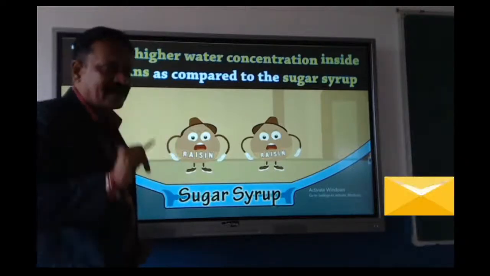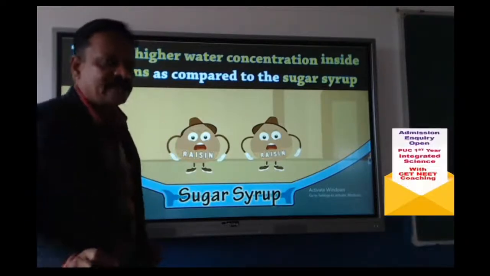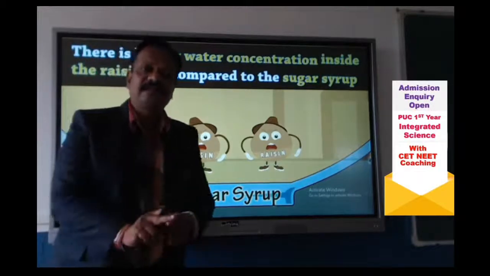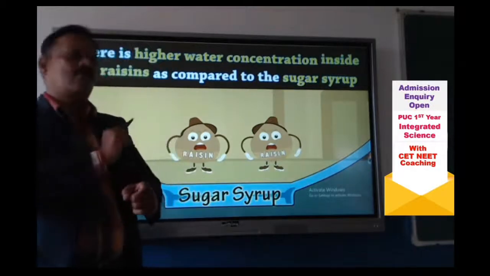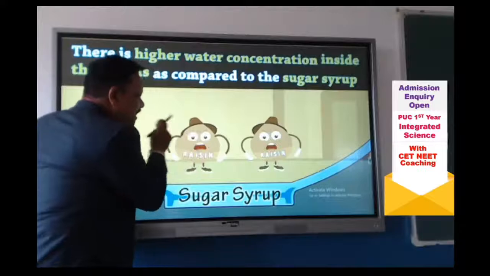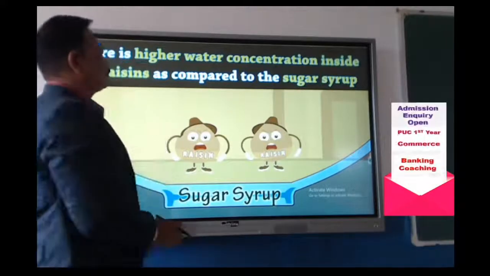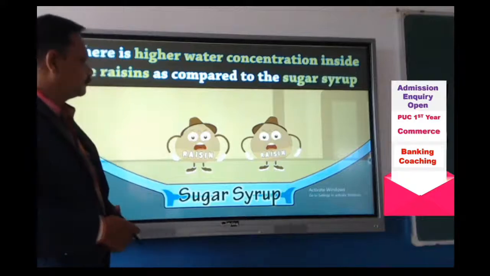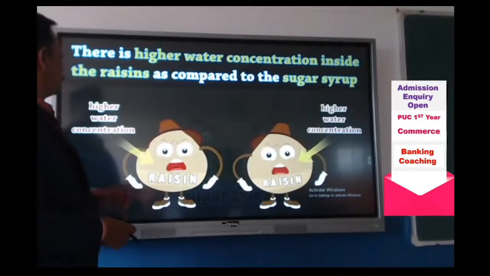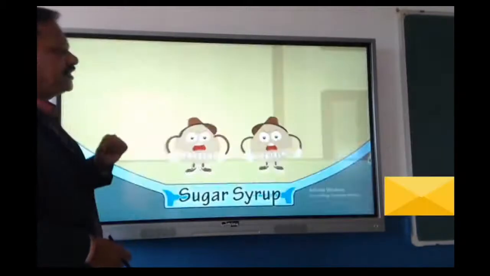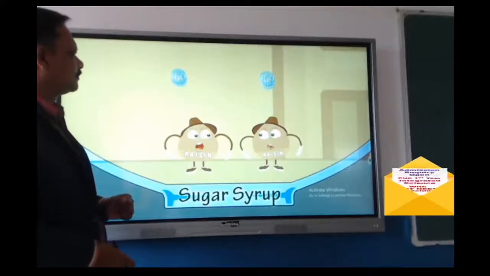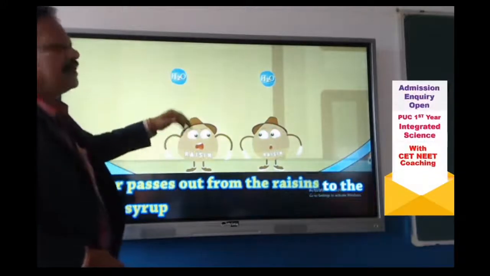So what has to happen? Water has to move from its region of higher concentration to the region of lower concentration. From inside, it has to come outside. So we'll see now. Higher water concentration inside, so water is released out.